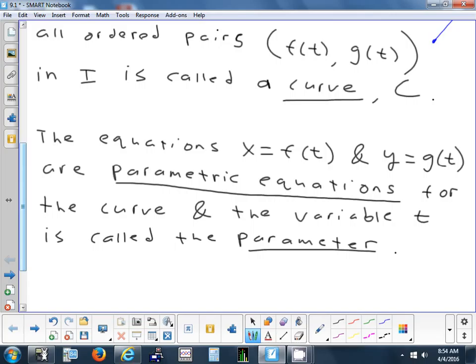You can't pick any number you want. I will tell you that for t, you can pick numbers, say, between 0 and 5. Those are the values you have to stay between. Very rarely will we do a graph where you can pick anything for t. It's usually restricted.